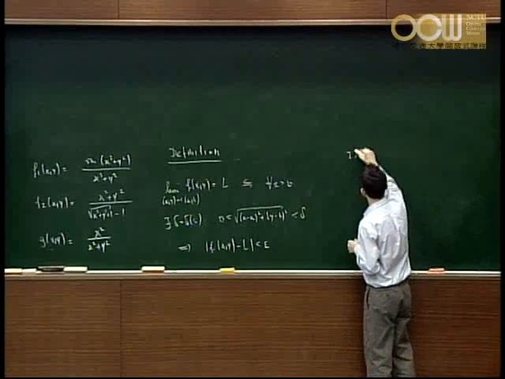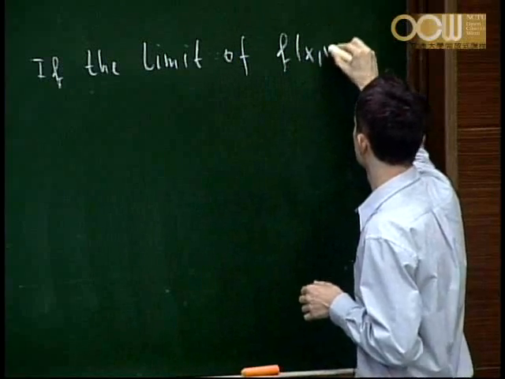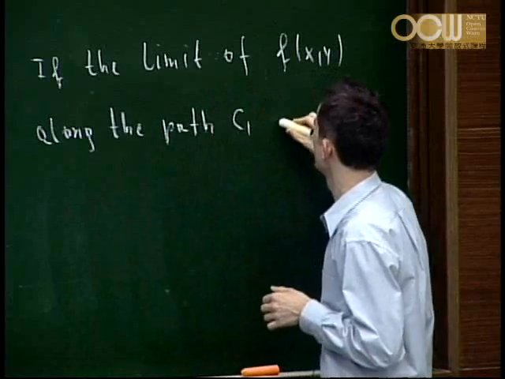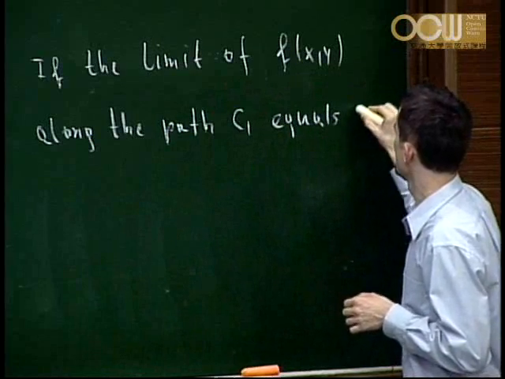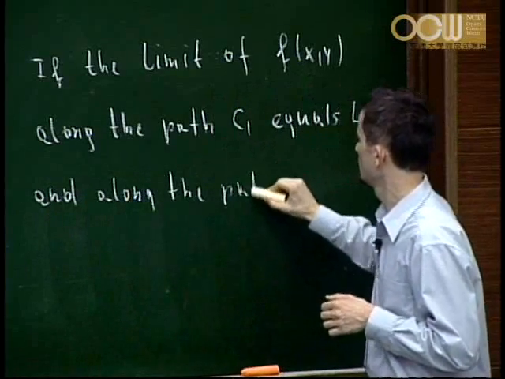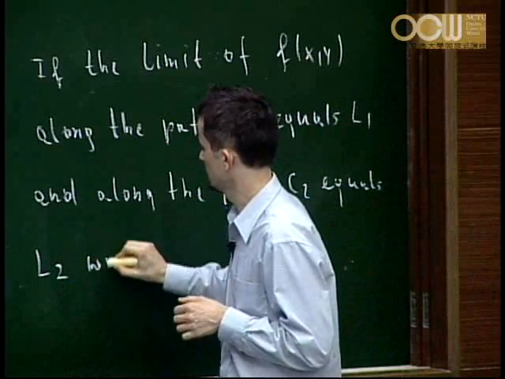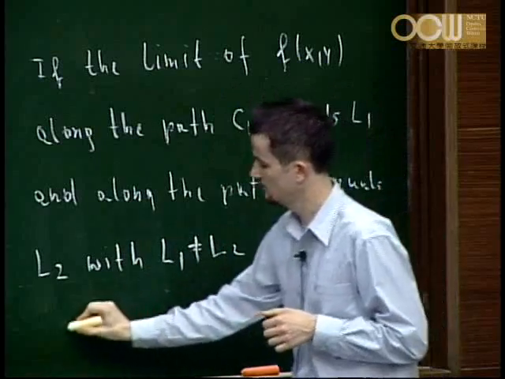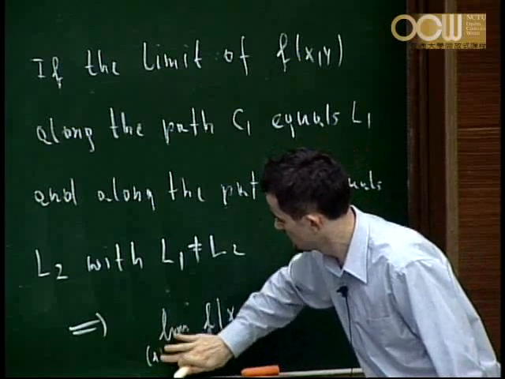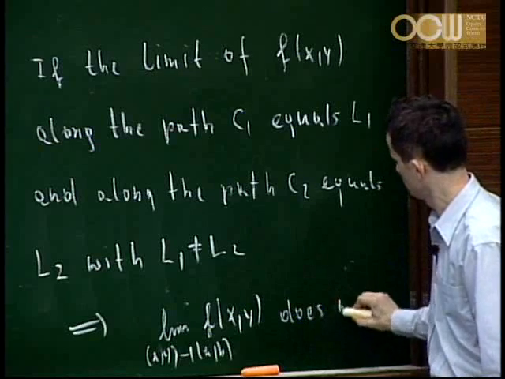So if the limit of f(x, y) along the path C1 equals L1 and along the path C2 equals L2, with L1 not equal to L2, then the limit does not exist.